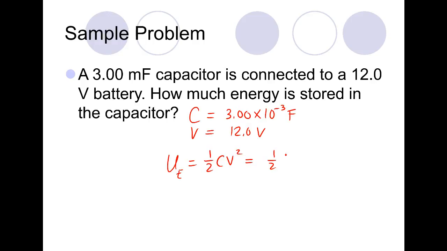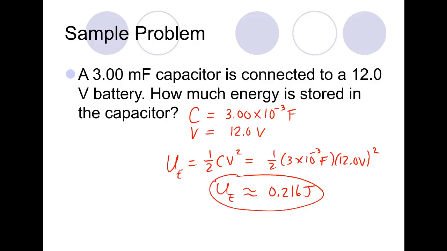So that's going to be 1/2 times 3 times 10 to the negative third times 12 squared, and that's about 0.216 joules. Okay, so that's how we calculate energy in a capacitor.